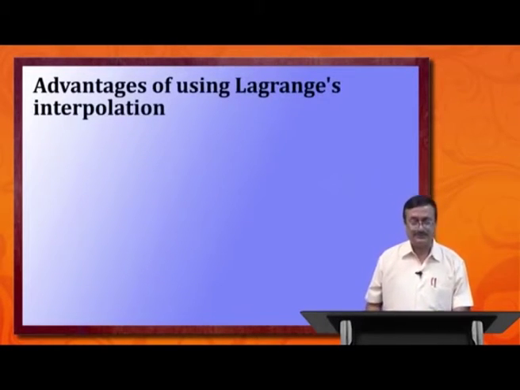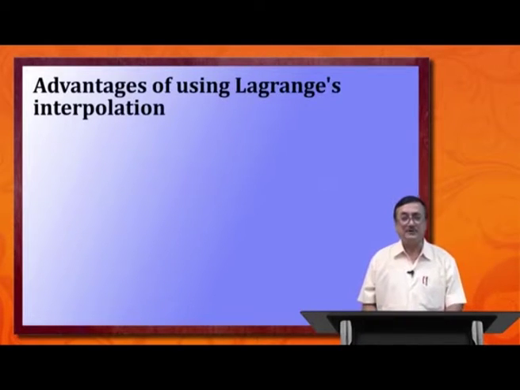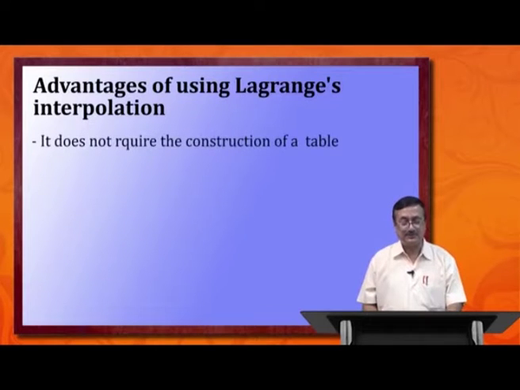Now, what are the advantages of using Lagrange's interpolation formula? Note down that it is much superior to the other interpolating formulas such as Newton's formula or Stirling or Bessel formula, because it does not require the construction of a difference table.